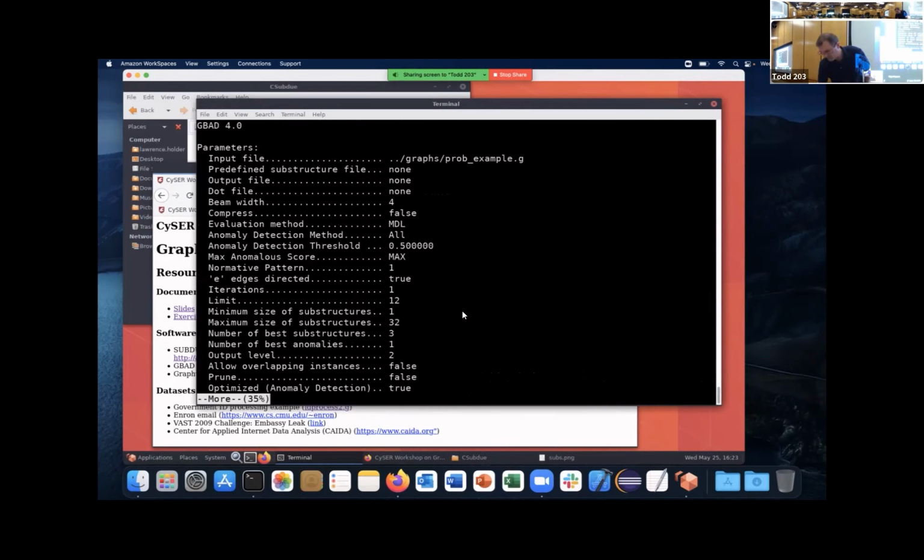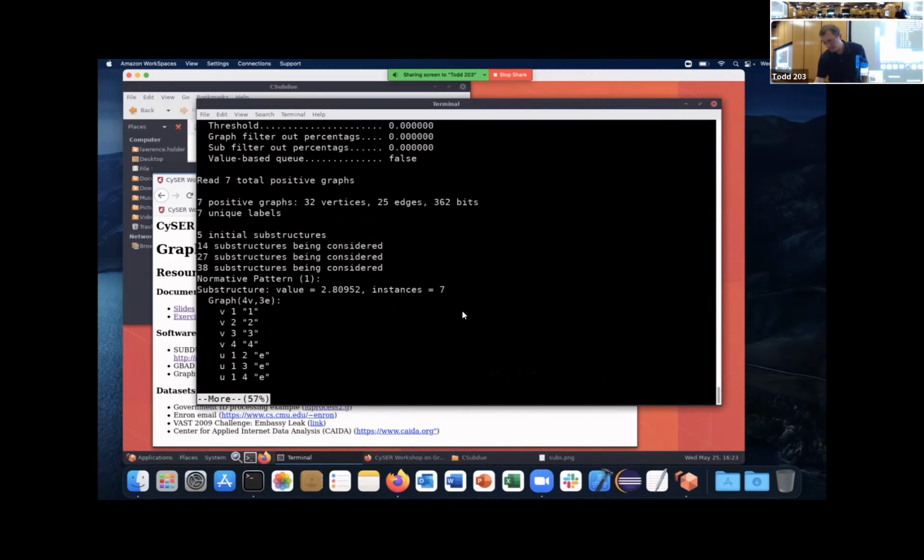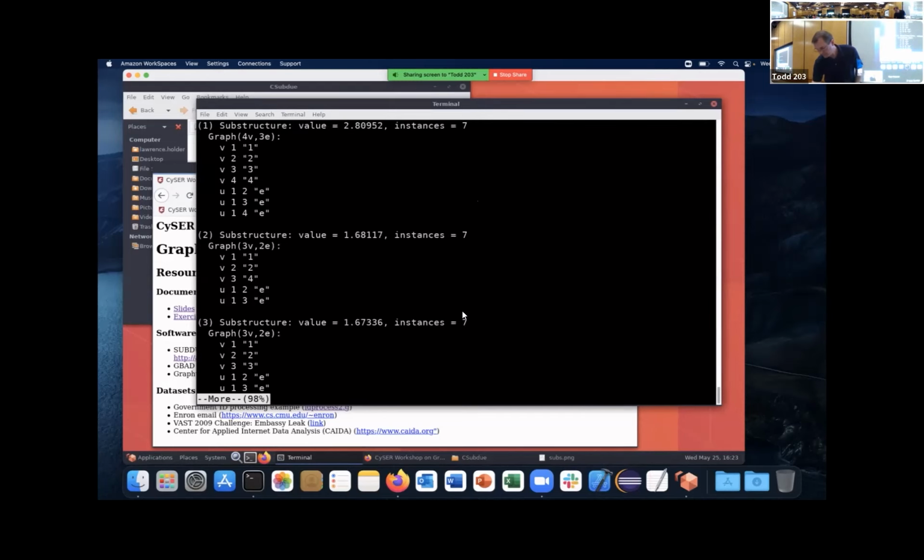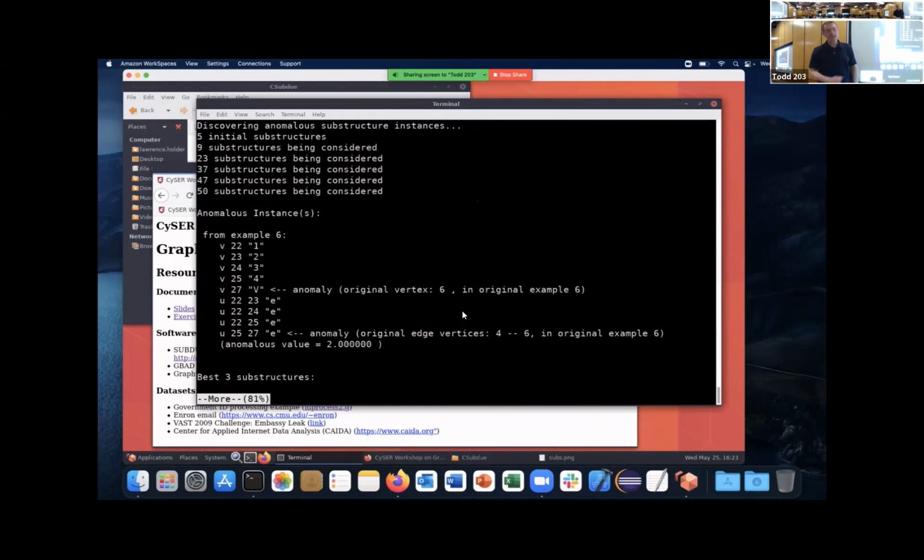So here's the output. It first starts out by finding the normative pattern, which in this case is these 4 vertices and 3 edges. We'll visualize it in a second. And then it looks for anomalies to that pattern.